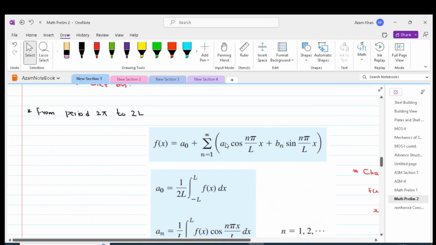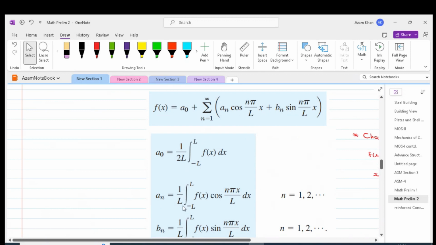For an arbitrary period, we can write the Fourier series equal to a naught plus summation of n is equal to 1 till infinity, small bracket, an cos n pi x over L plus bn times sine n pi x over L, where a naught is 1 by 2L integral minus L till plus L f of x dx.